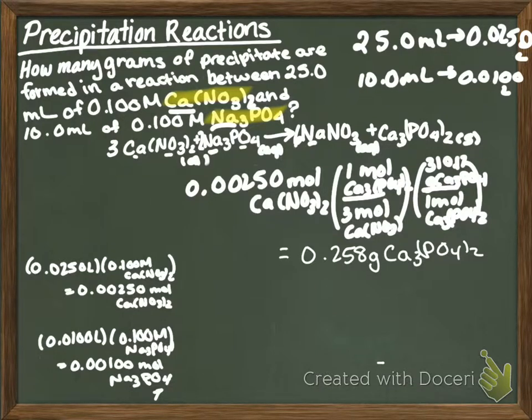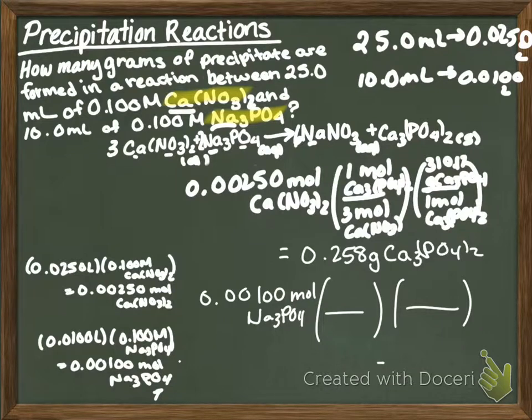And then I can do the same thing for the sodium phosphate. So it says, according to this problem over here, that I have 0.00100 moles of Na3PO4. I'm going to set up my two fractions. On the bottom of the first one, I'm going to have 2 moles of Na3PO4. And on the top, I'm still looking for information about my precipitate, so it's still 1 mole of Ca3(PO4)2.